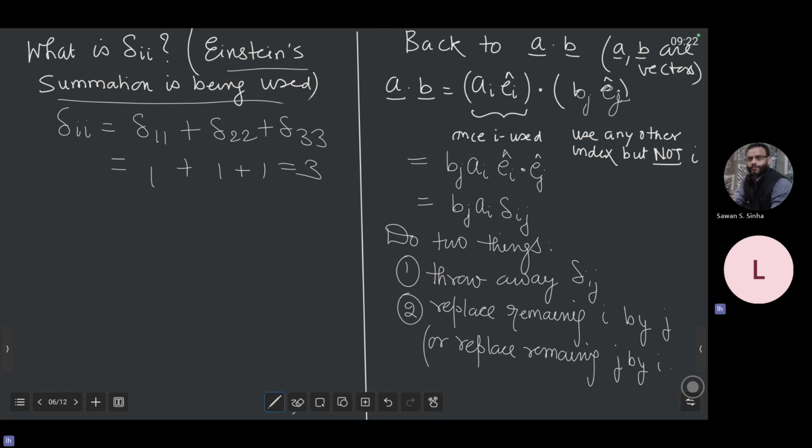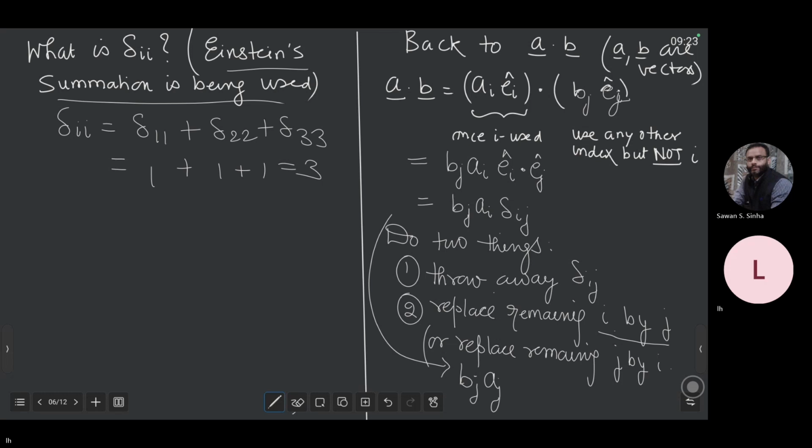Throw away delta ij, but then after throwing away delta ij, replace all the remaining j's by i, or replace all remaining i by j. I choose, suppose this. I throw away delta ij, I replace remaining i by j. What do I get? Bj aj. Replace remaining i by j.